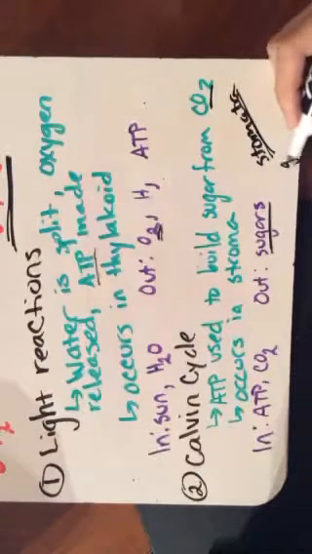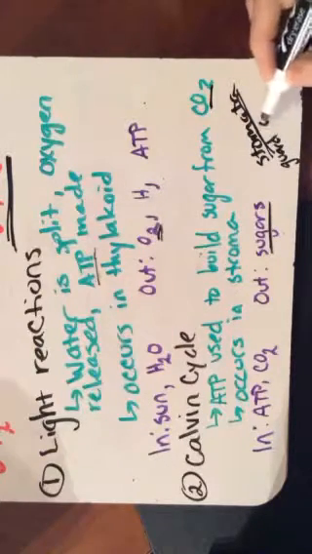And when gases need to not be exchanged, there are guard cells that close the stomata. So keep in mind, I'm only mentioning it briefly, but you still do need to understand the function and the significance of all of these parts in relation to photosynthesis.